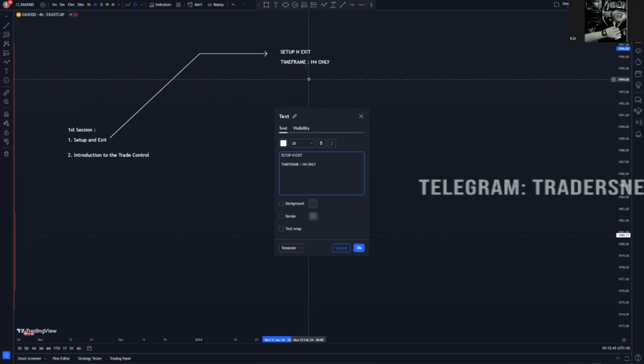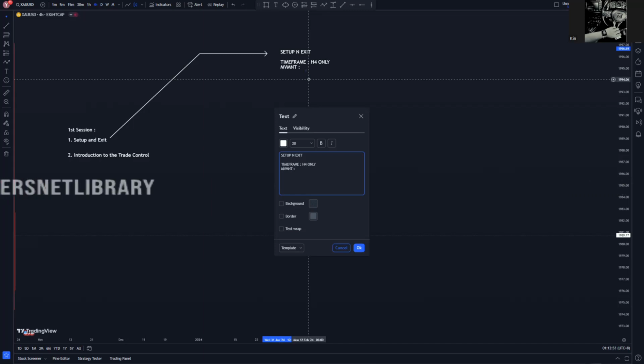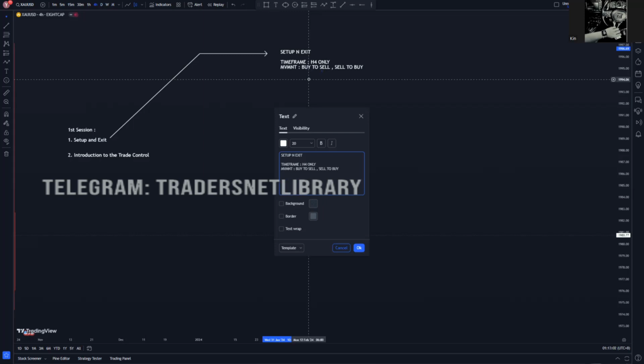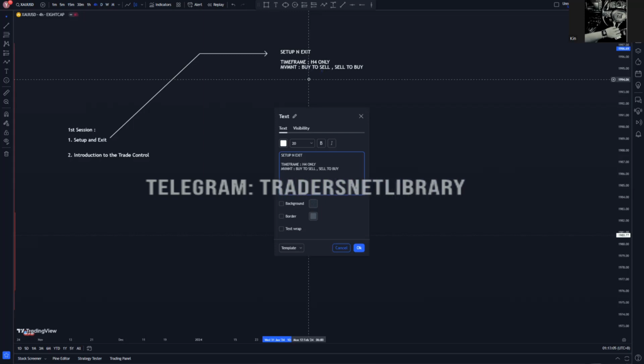After the time frame, the most important part is the movement. We need to understand the movement inside of the chart. The chart is going to move from buy to sell, and then from sell to buy. It is going to keep on repeating like this over and over.